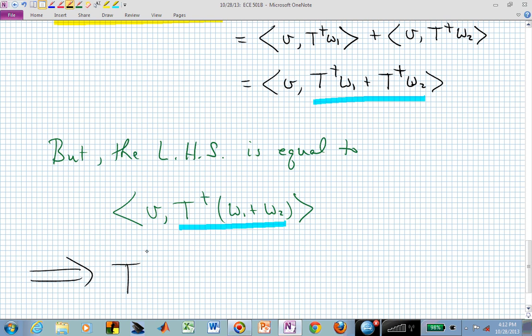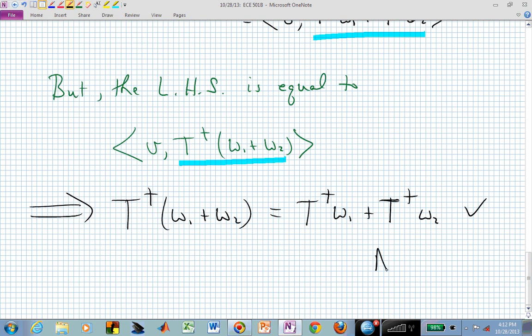So now we know that T dagger W1 plus W2 is equal to T dagger W1 plus T dagger W2, and that's our check on additivity.